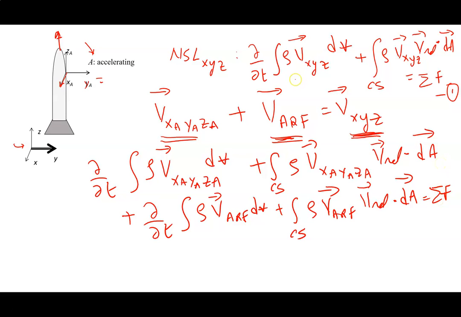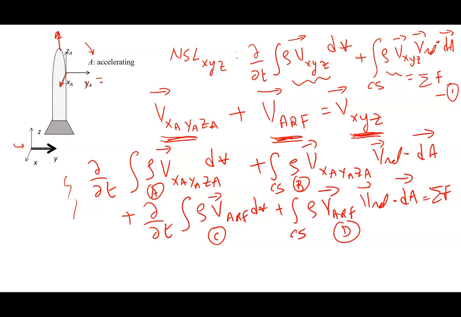All right, so I had 2 terms here. Now that's become 4 terms because this velocity is made up of 2 terms. So if I make the substitution, this is what I end up getting. Let's label them as terms A, B, C, and D.